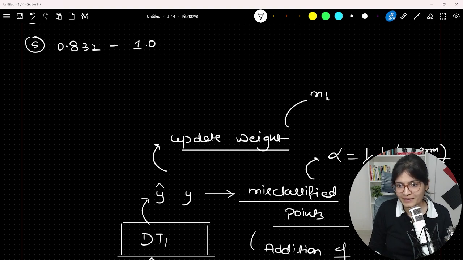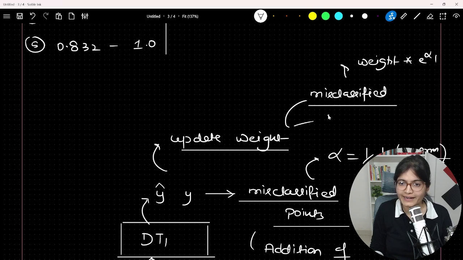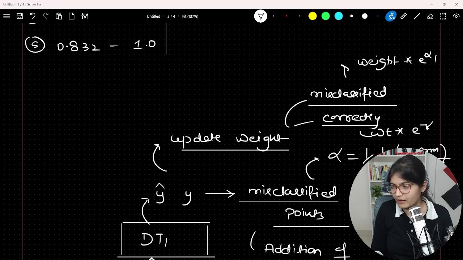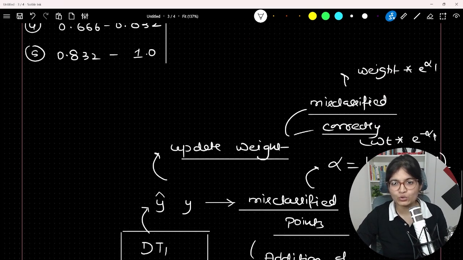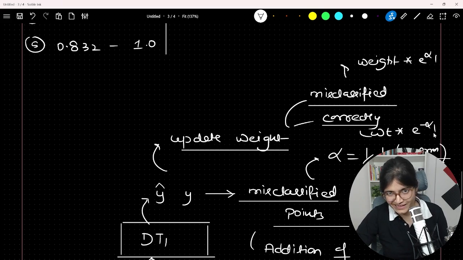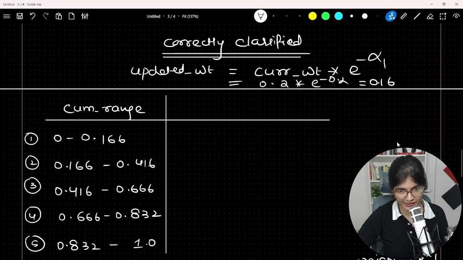So for all the misclassified points, it will be whatever the original weight is multiplied with e to the power alpha 1. But for all the correctly classified points, the value will be the weight into e to the power minus alpha 1. In this way, we increase the weight of misclassified points and decrease the weight of correctly classified points.